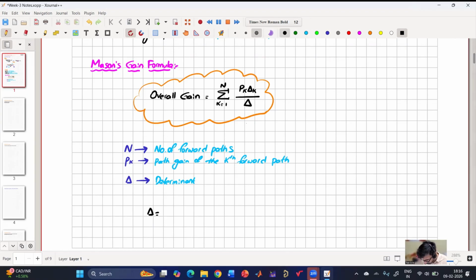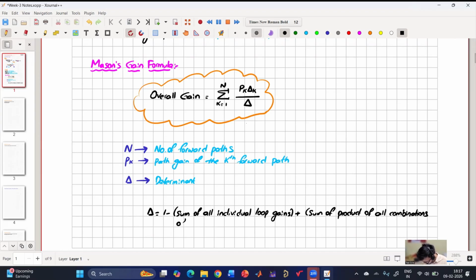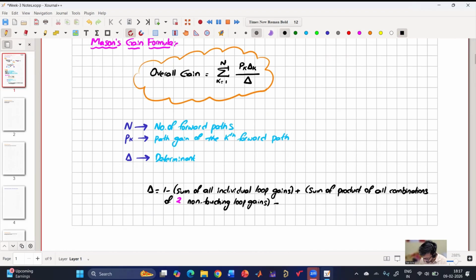Delta equals 1 minus sum of all individual loop gains, plus sum of product of all combinations of two non-touching loop gains, again minus sum of product of all three non-touching loops, and so on.